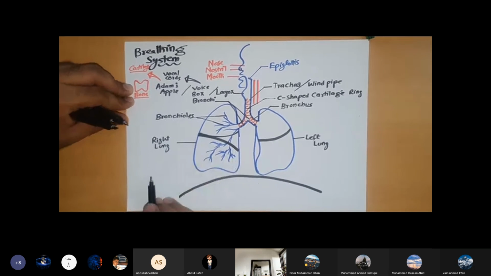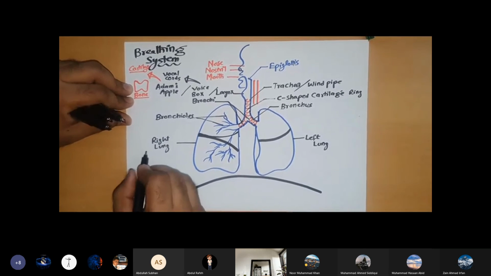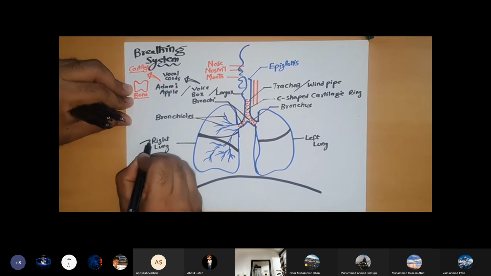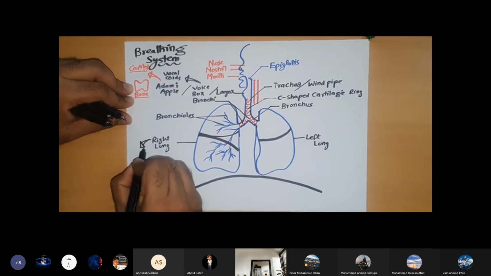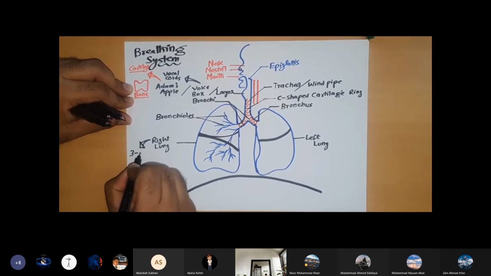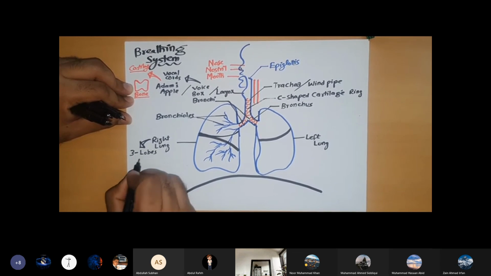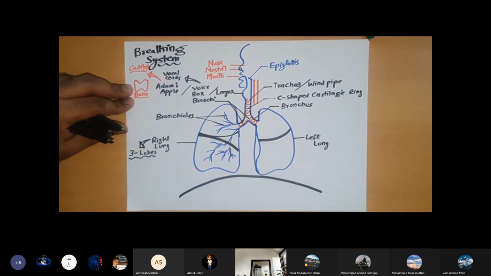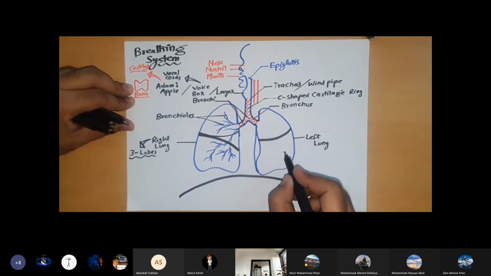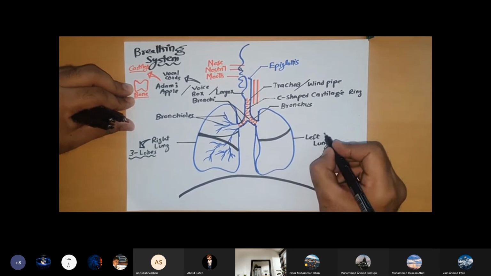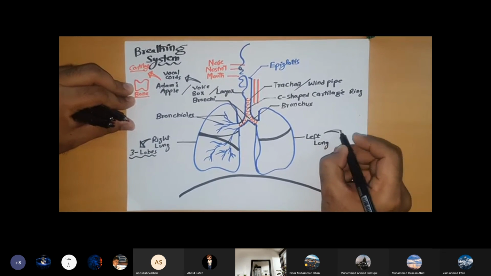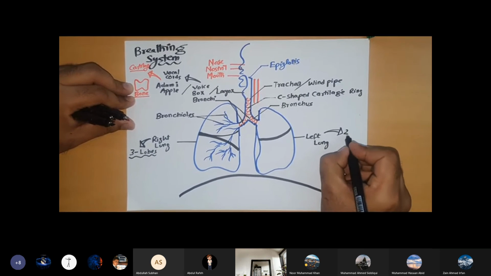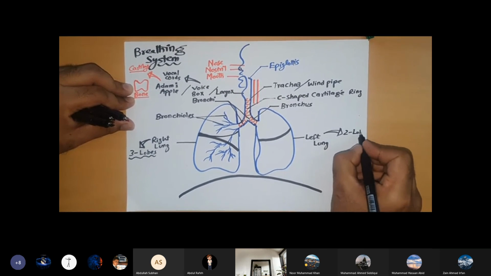To show that the right lung contains 3 lobes, and I drew a single line dividing this one into 2 portions, representing that the left lung contains only 2 lobes.